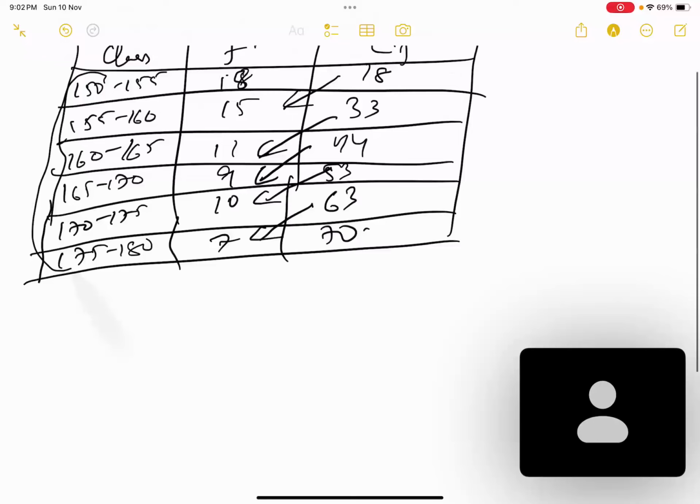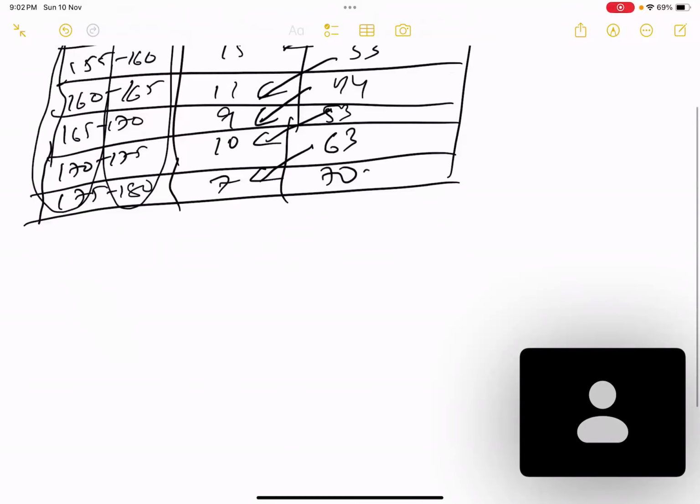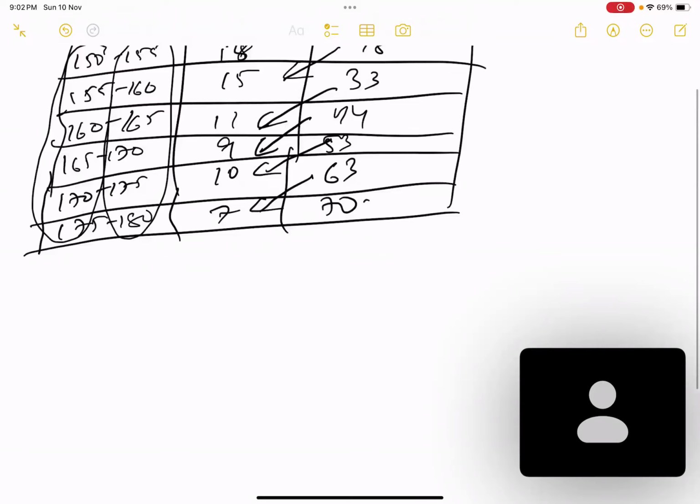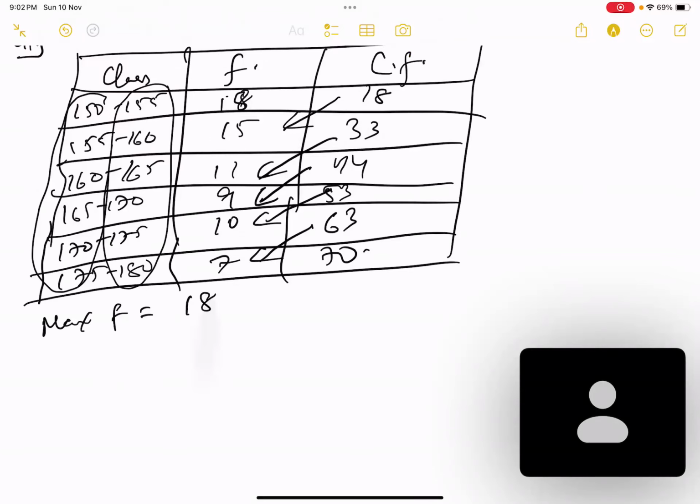Here, if we look at the frequency, the maximum frequency is 18. So the modal class will be 150 to 155.